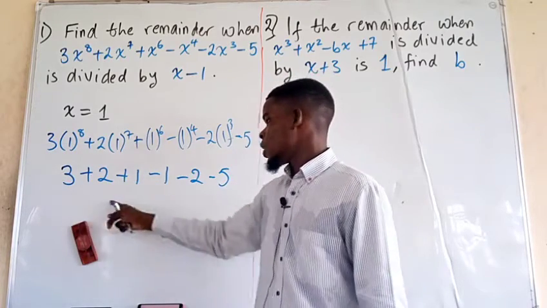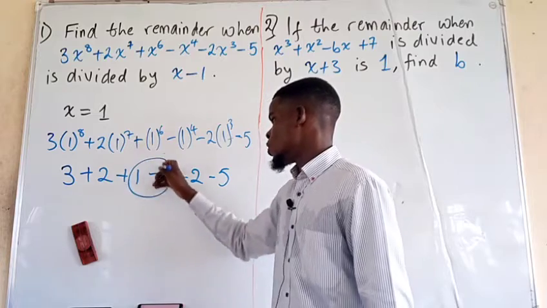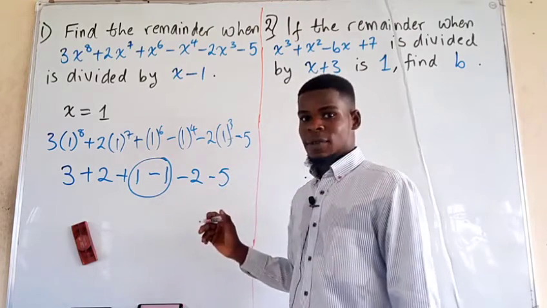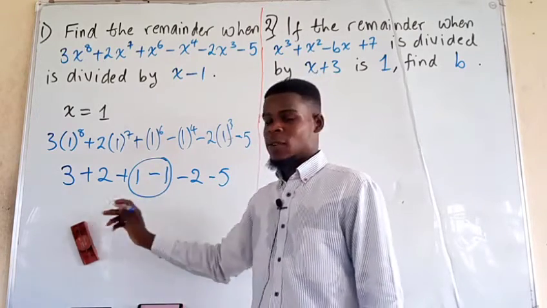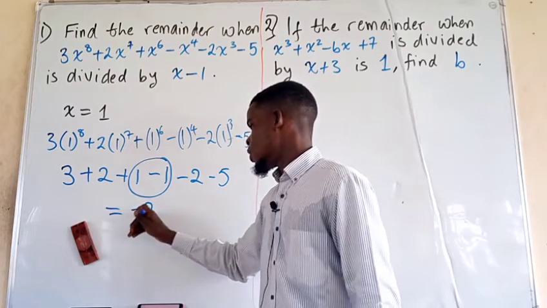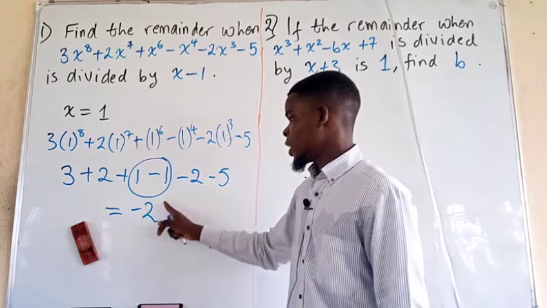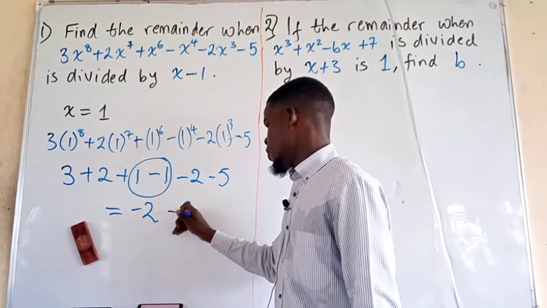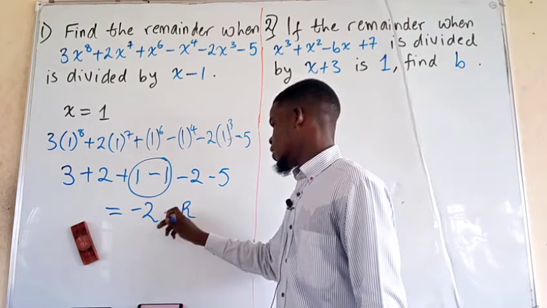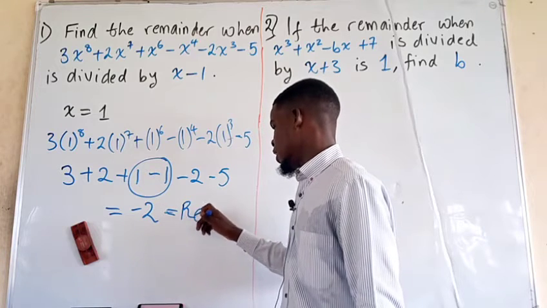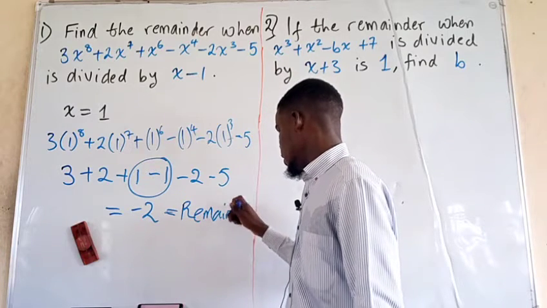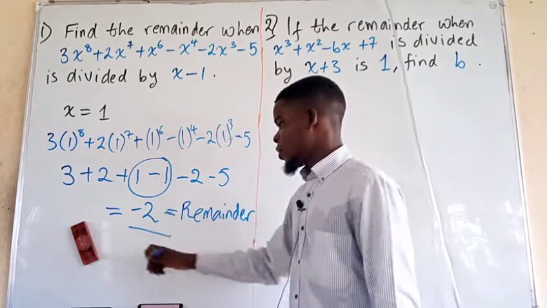If you add up everything here, noting that this and this will be 0, this will be negative 7, and this is 5, the result here is negative 2. So after everything, we get negative 2, and negative 2 is the remainder. So that is the result.